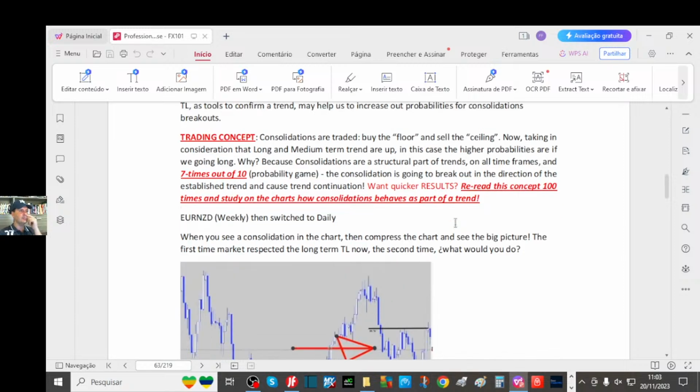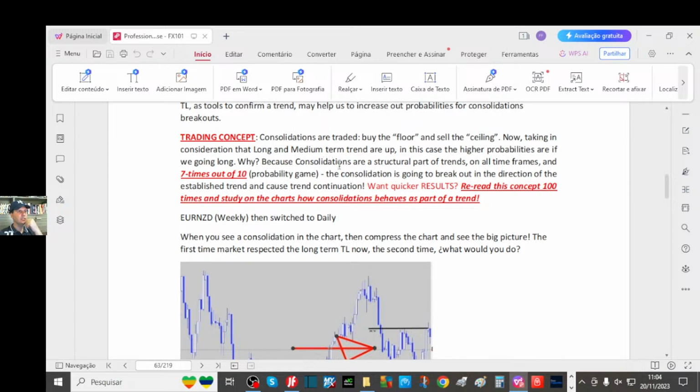Let's read the concept. Consolidations are traded by buying the floor and selling the ceiling. Now, taking into consideration that long and medium term trends are up, in this case the higher probabilities are if we go up, if we go long. Why?